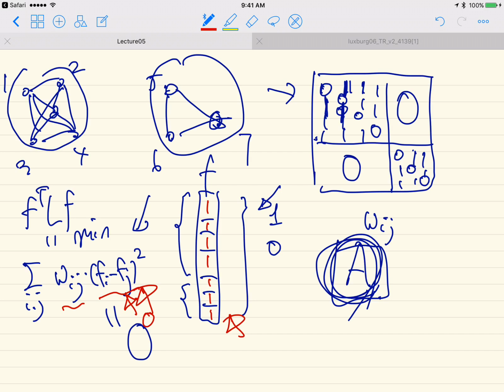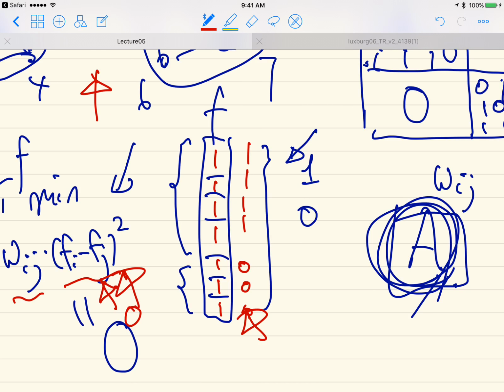And in this special case, there are some other vectors, for example 1, 1, 1, 1, 0, 0, 0. Every pair within a group has a difference of 0, so this will be 0.